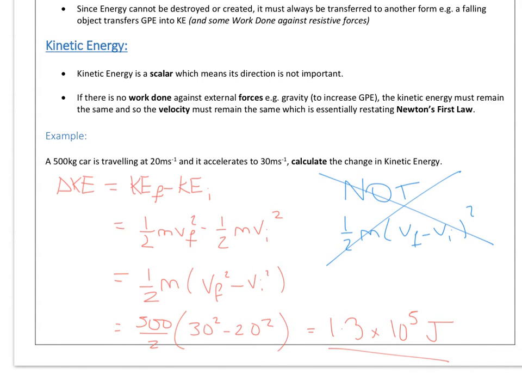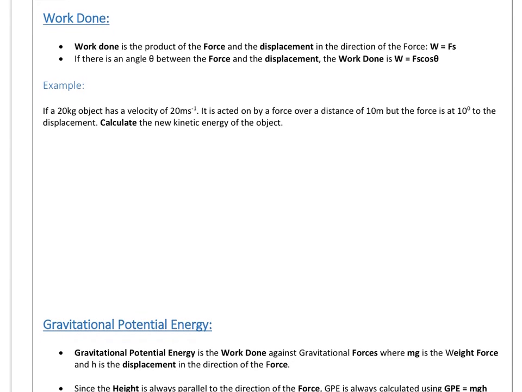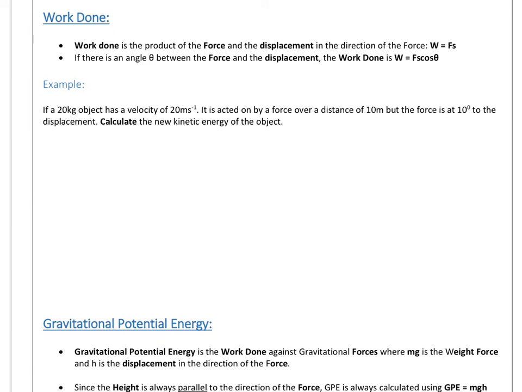So before we look at GPE, we have to look at work done. Work done is the product of the force, so whatever force you apply, and the displacement in the direction of that force. If force and displacement are in the same direction, that's just W equals Fs.